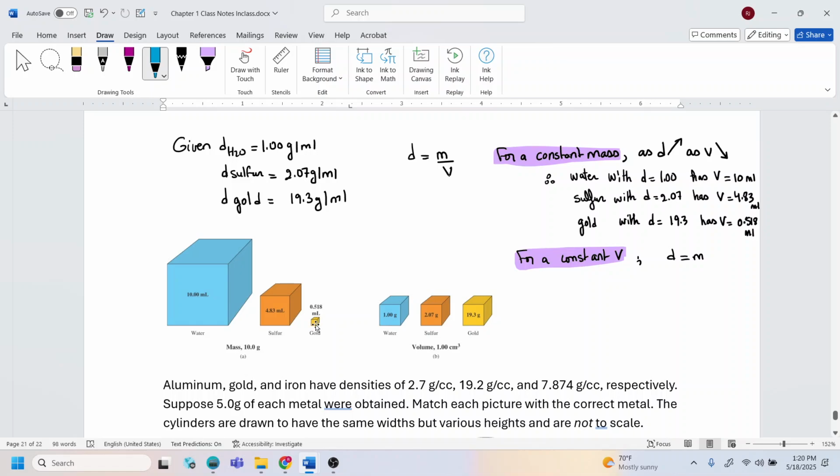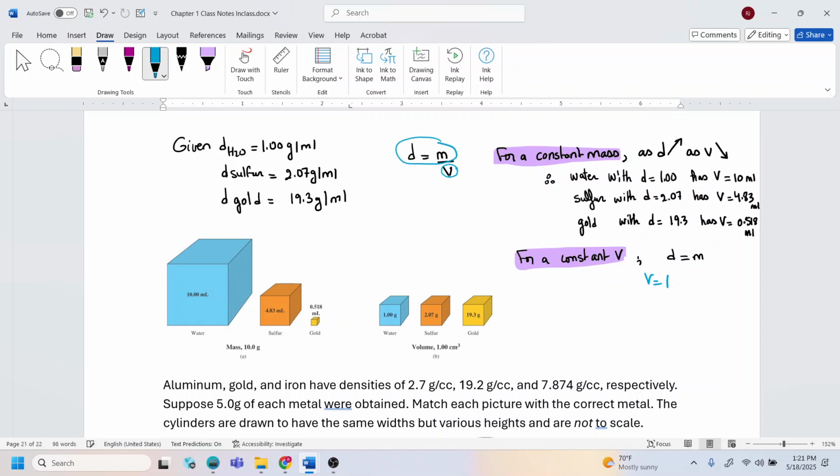So for the gold, I'm expecting the highest density because its volume is less. The gold has a higher density compared to the others. On the other hand, if the volume is fixed, here V equals 1, it's not necessary that the volume is 1, but because the volume is equal to 1, I can replace the volume with 1.